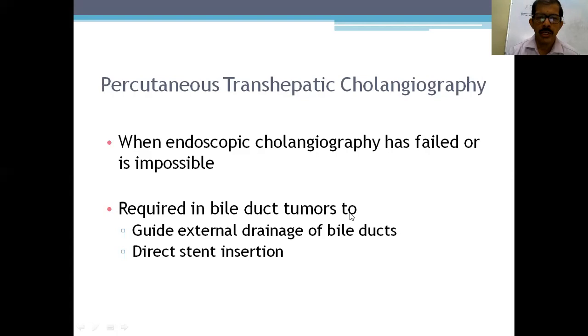So, when do we do guided external drainage? How do we drain? This is called PTBD, that is percutaneous transhepatic biliary drainage. What you can do is put a catheter like this into the duct, and a bag will be there.